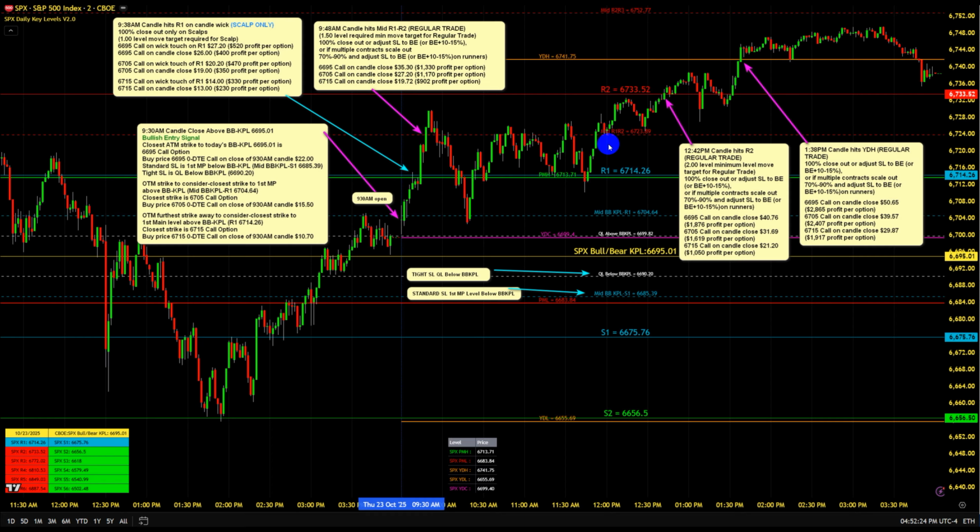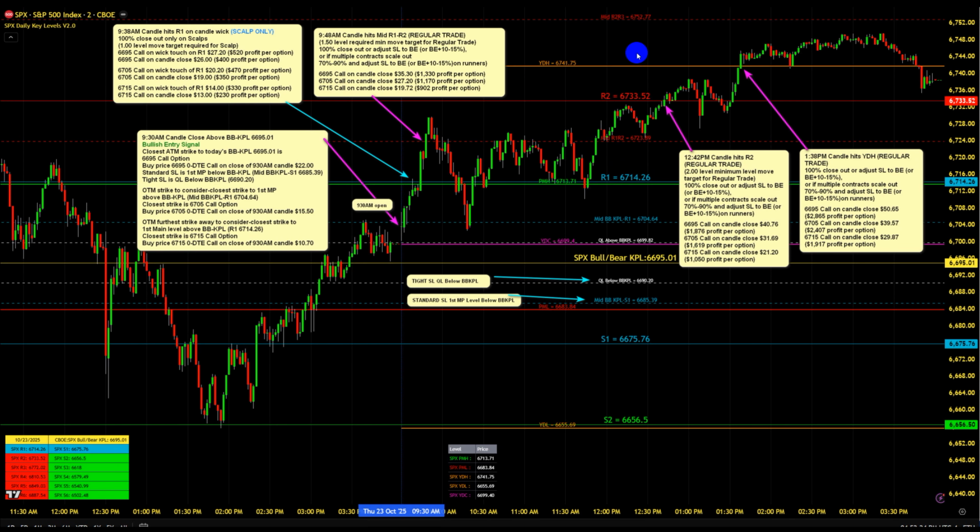You'll also see that there are midpoint levels between each of the main levels. These levels are optional to turn on. The two midpoint levels that are turned on by default are the midpoint level above the bull bear KPL and the first midpoint level below the bull bear KPL.